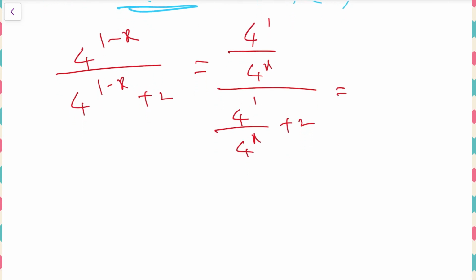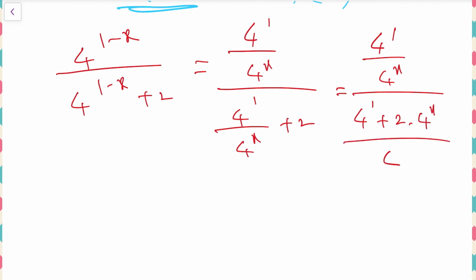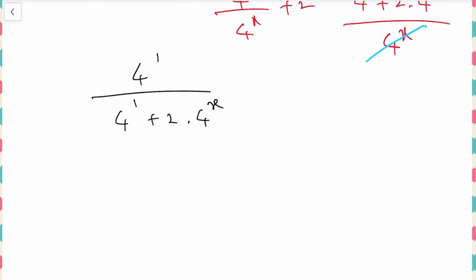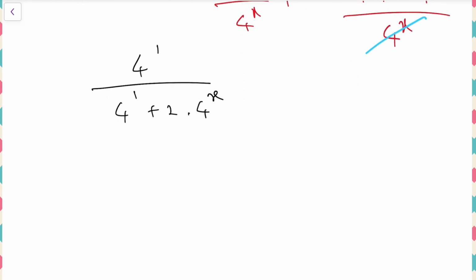The numerator I will write as it is, 4 power 1 by 4 power x, divided by 4 power 1 plus 2 into 4 power x, whole by 4 power x. Here the 4 power x in both will get cancelled, so we remain with 4 power 1 divided by 4 power 1 plus 2 into 4 power x.